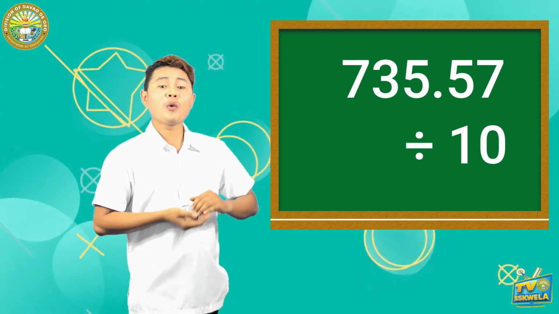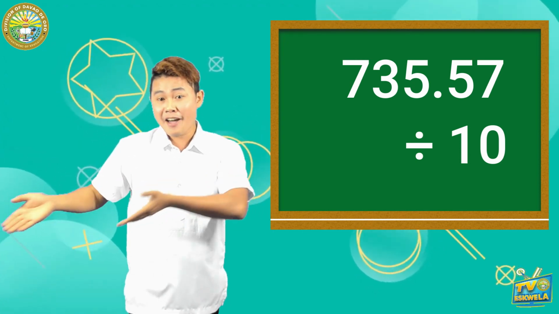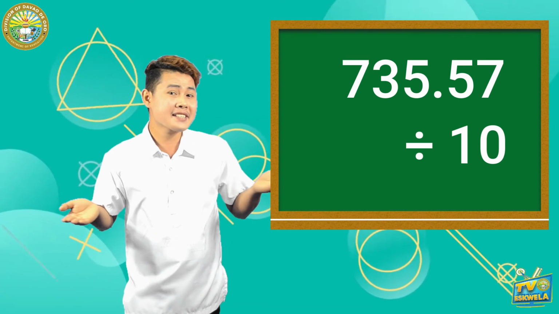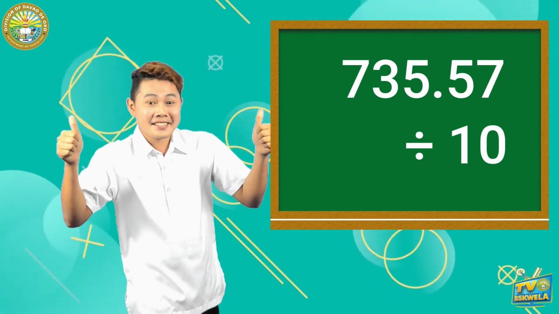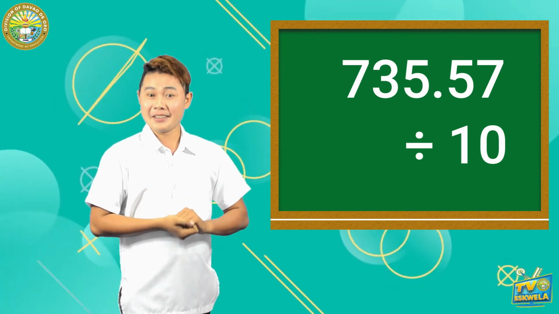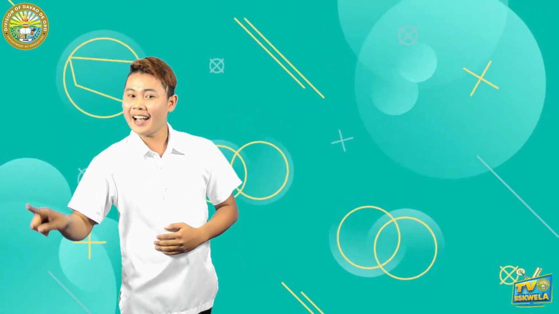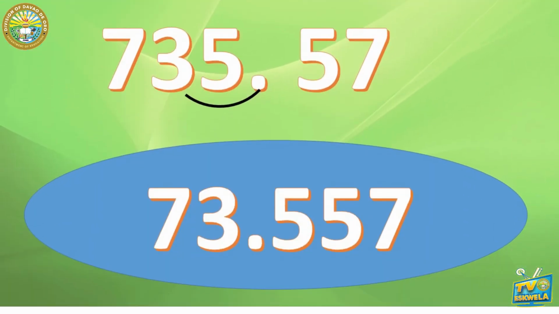Therefore, we will move to the left with how many places? Yes, 1 place also. 1. Then, it is now our answer. 73 and 557 thousandths.